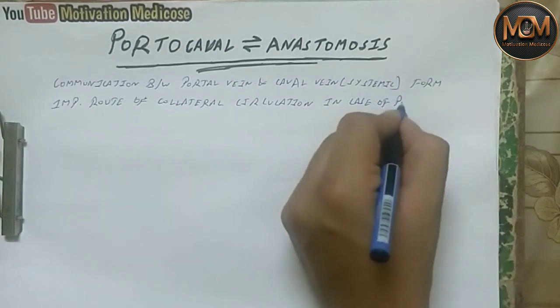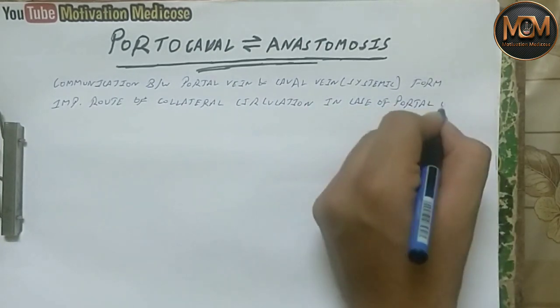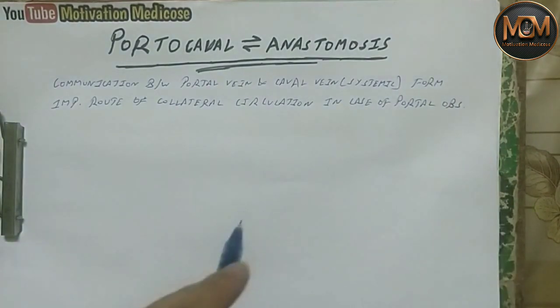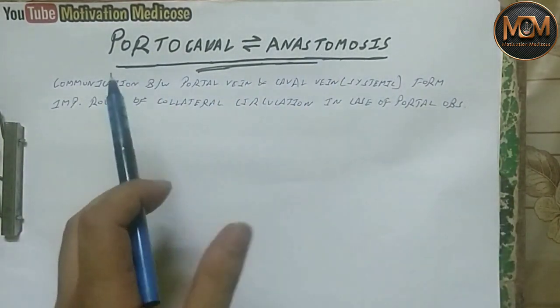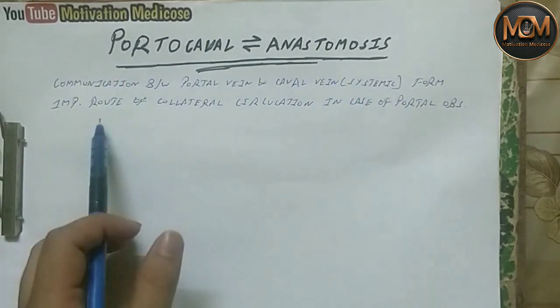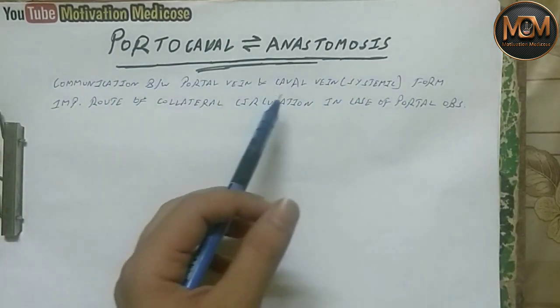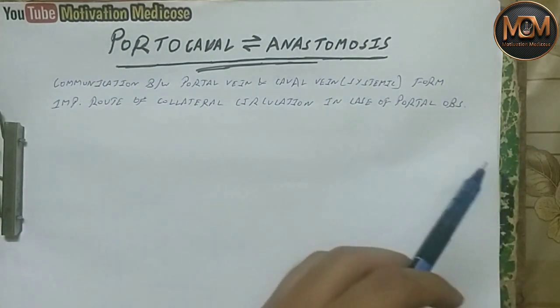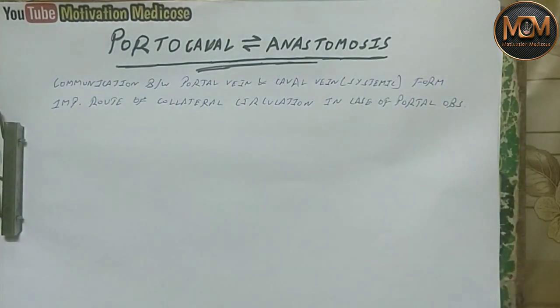Basically it is a communication between the portal and the caval veins, that is systemic veins, forming an important route of collateral circulation in case of portal obstruction. So this is portocaval anastomosis.